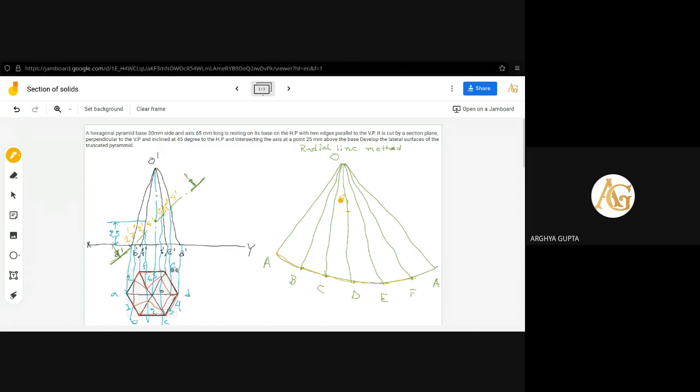I repeat again. As 4 is on the true length, as OD is the true length, as we have drawn all the lines with this true length, so 4 point will be on OD. So we have drawn 4 suffix 1. Now 3 and 5 are not on the true length because the true length is OD and the length of OC and OE is less than the length of OD. So what we have to do, we need to draw a horizontal line up to the true length. Please follow my method: I have to draw a horizontal line from 3 to 5 up to the OD line.